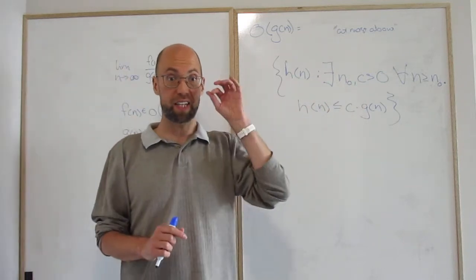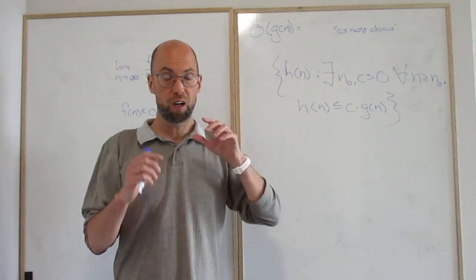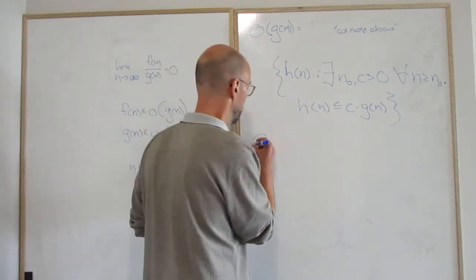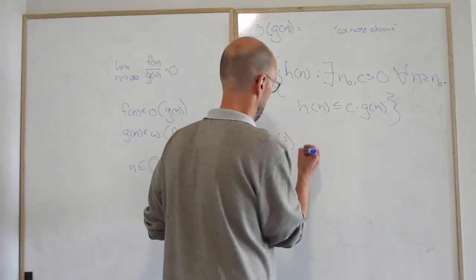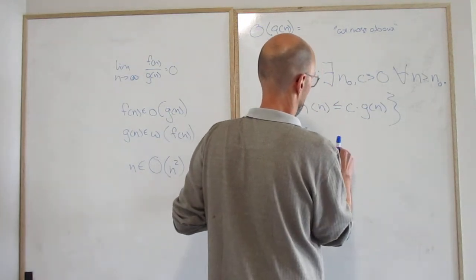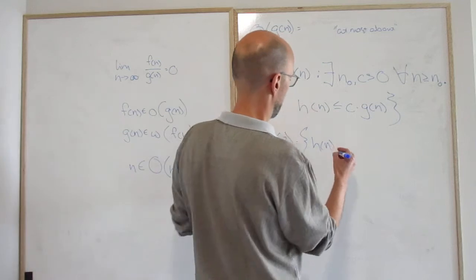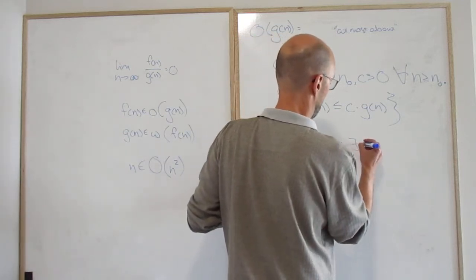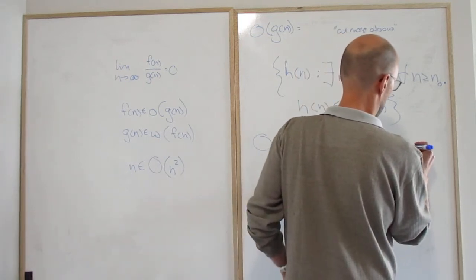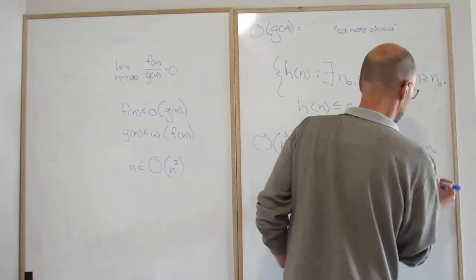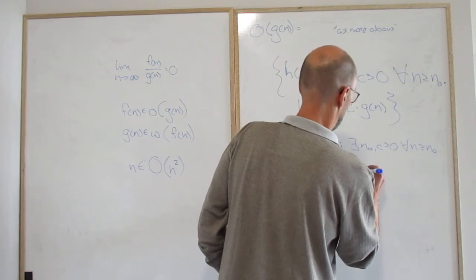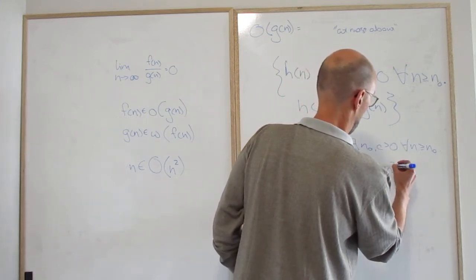So when I say something like n is in big O of n squared, big O of n squared is the set of functions h of n such that, some people write colon, some people write a bar, such that there exists n0, c greater than 0, such that for all n greater than or equal to n0, h of n is less than or equal to c times n squared.